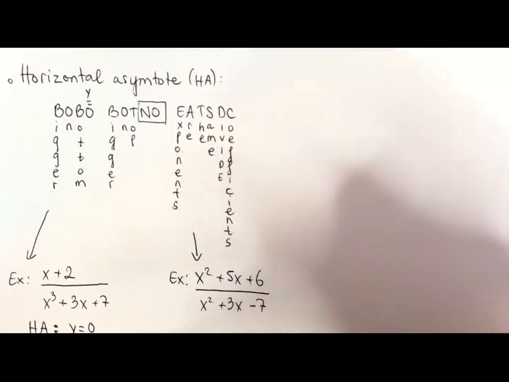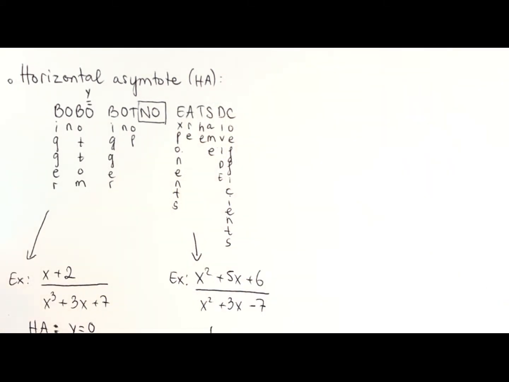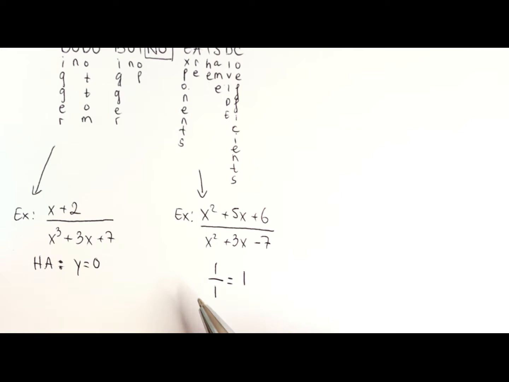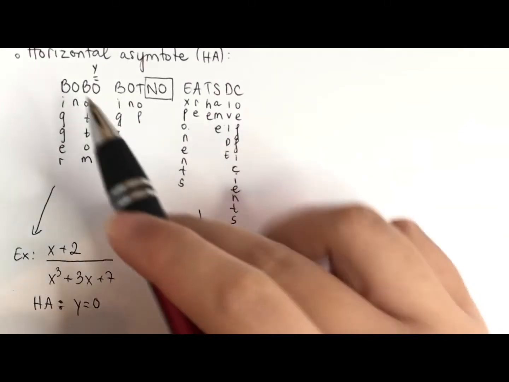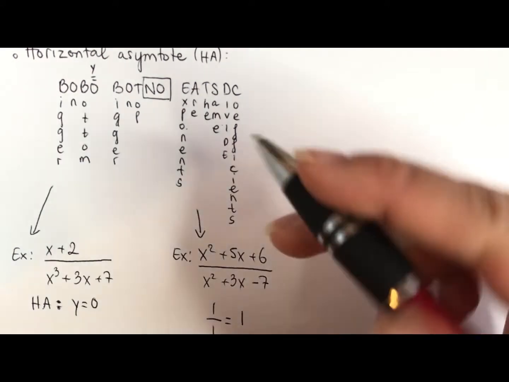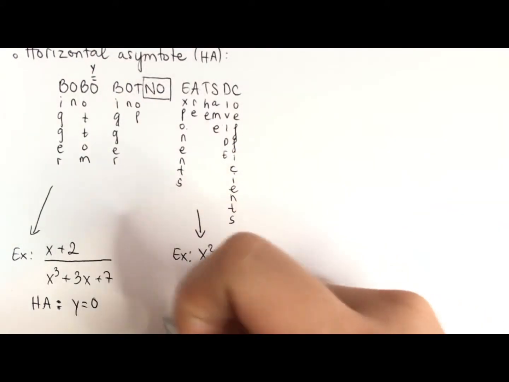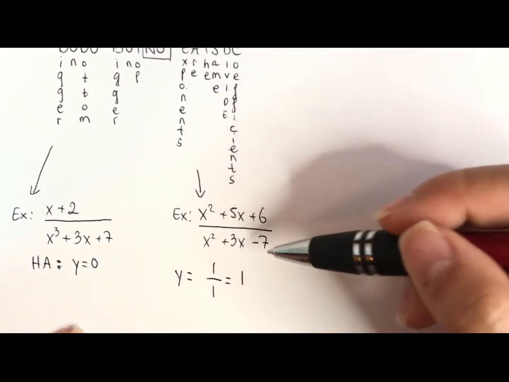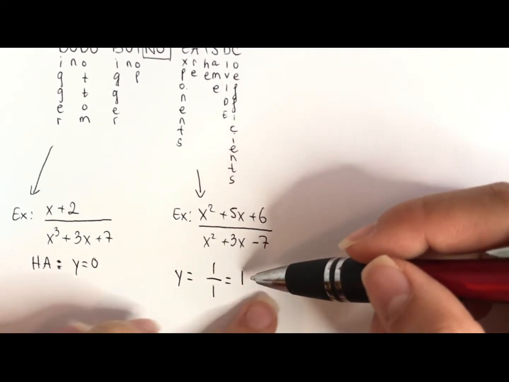Divide the coefficients. Our coefficients in this case are just 1 and 1. So we have 1 over 1, which is a 1. Would it be an x equals or y equals? Well, because we're having horizontal asymptotes, and remember a horizontal line would be a y equals line, your horizontal asymptote would be y equals 1.